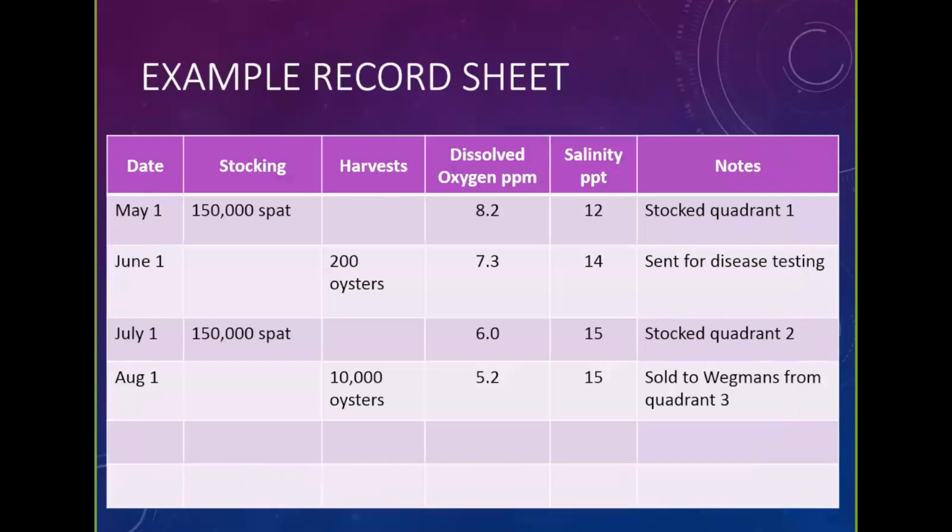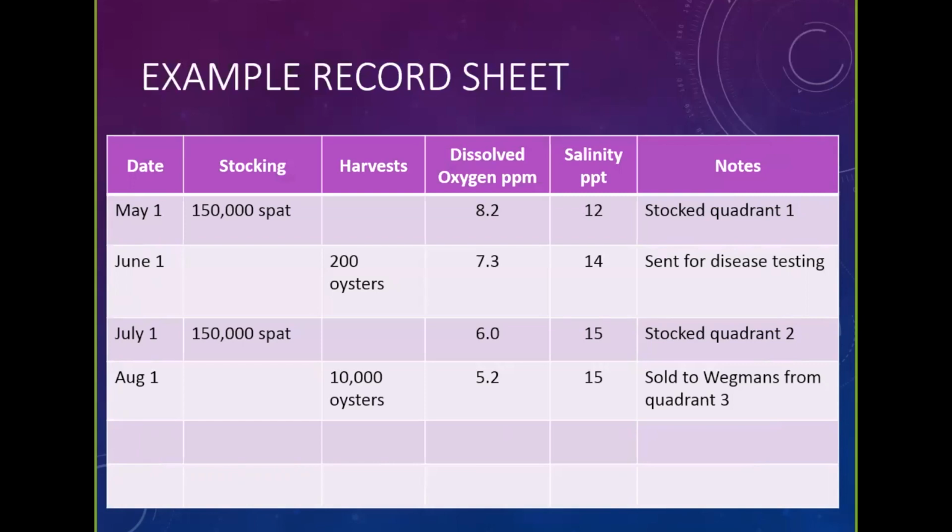We probably should have written down which area those came out of, whether it was quadrant 1 or 2 or 4. And then the next month, we put another 150,000 baby oysters in this particular quadrant 2. In August, we harvested 10,000 oysters. We took the water quality information and where we sold them to, where those were going to.